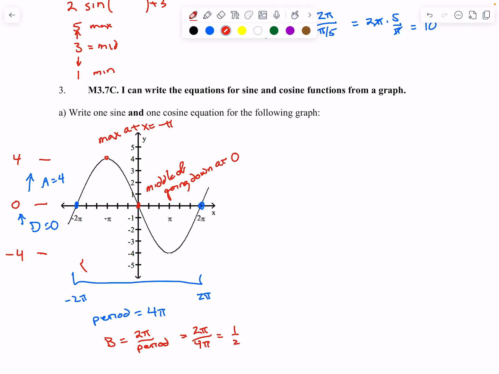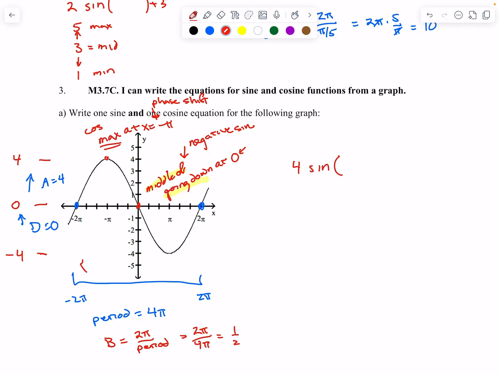Okay. So if you're in the middle of going down, that's negative sine. At 0. If you're at a max, that's cosine with a phase shift at negative pi. So if I write a sine curve, amplitude is 4 sine.